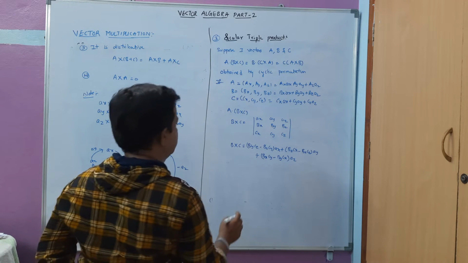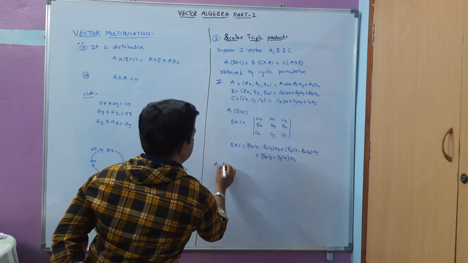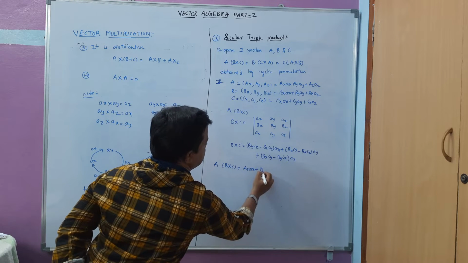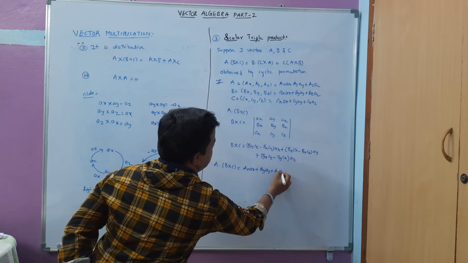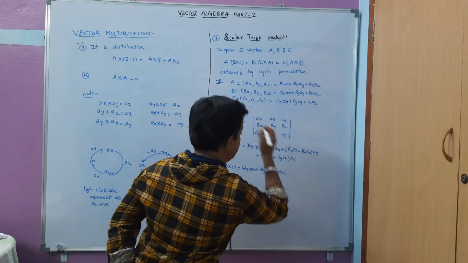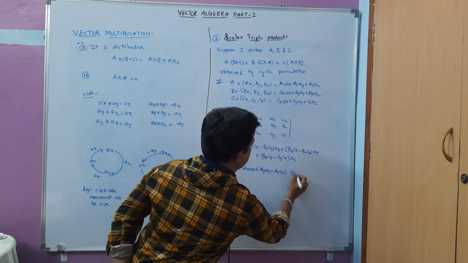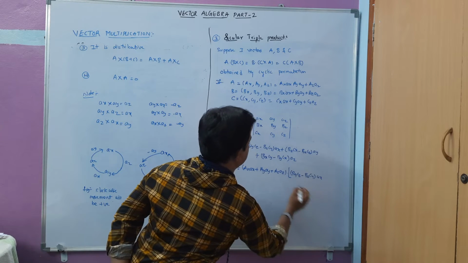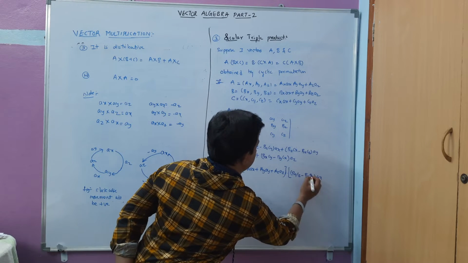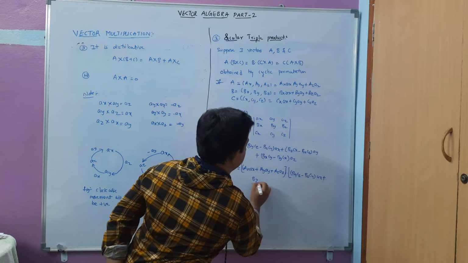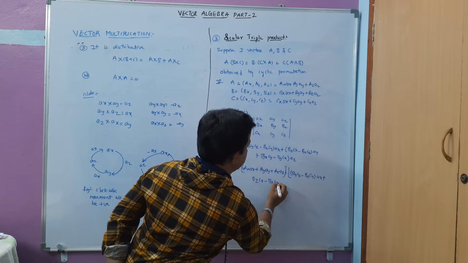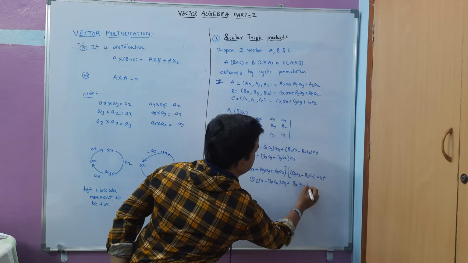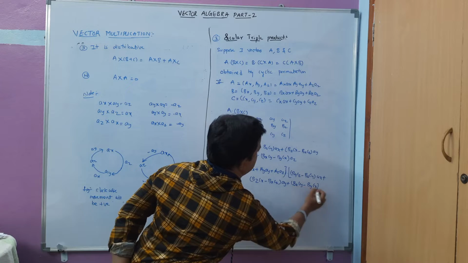I will take the dot product with this one. So let us see what happens. A dot B cross C is equal to A, which is AX plus AY plus AZ, dot this entire thing. Let me write a square bracket here: BY CZ minus BZ CY into AX, plus BZ CX minus BX CZ into AY, plus BX CY minus BY CX into AZ.